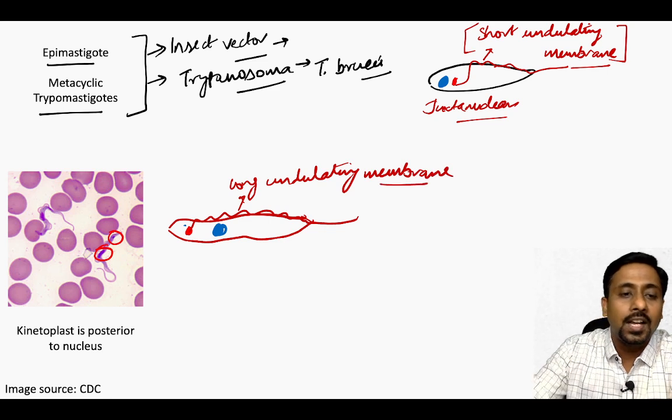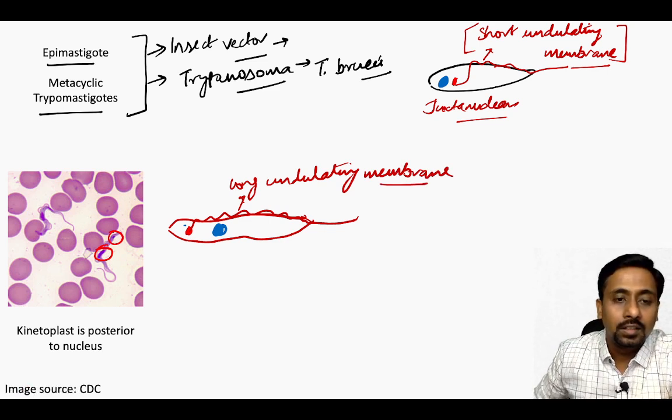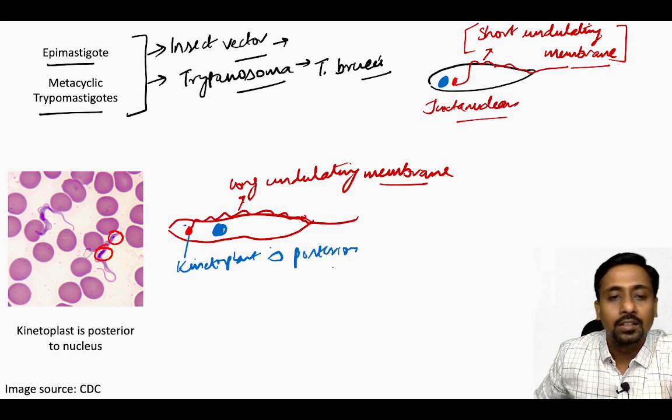Okay, and the kinetoplast is posterior and the nucleus is centrally placed.